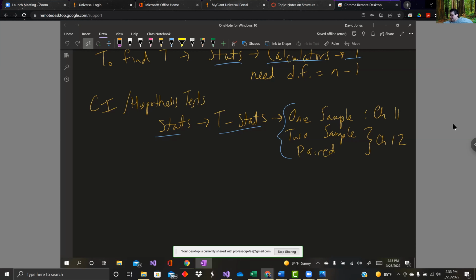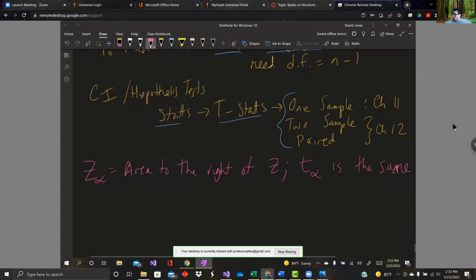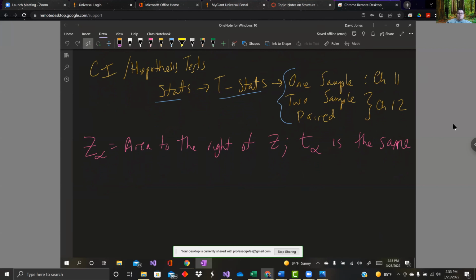In the previous section, we had Z alpha, which was the area to the right of Z. T alpha is the same thing. And if one of the problems that I'm going to look at in our homework doesn't have that, I will simulate that.